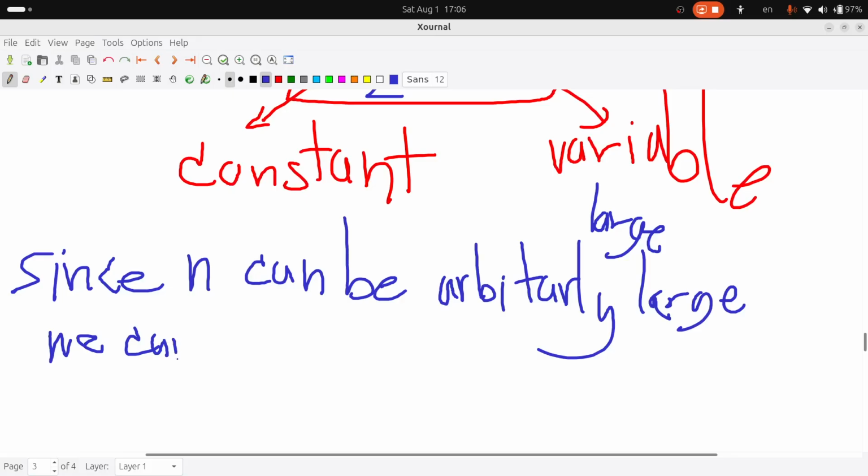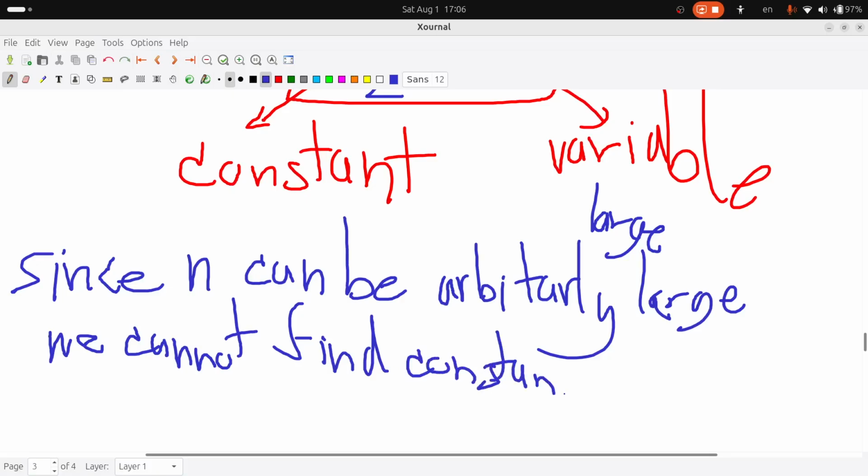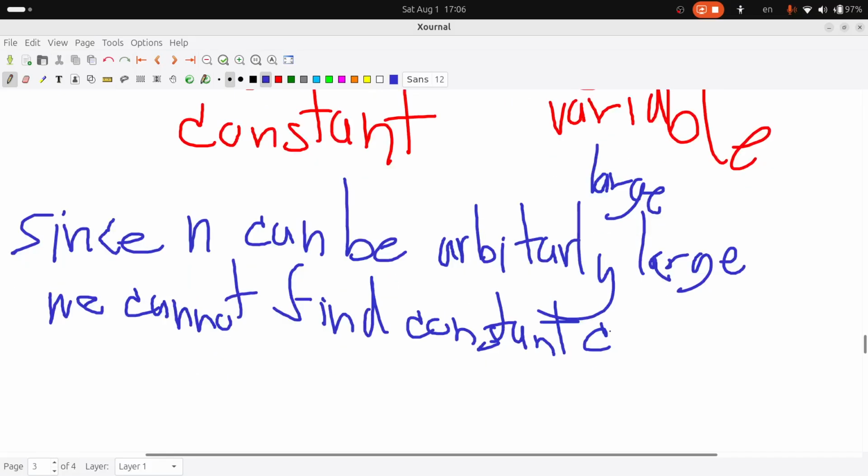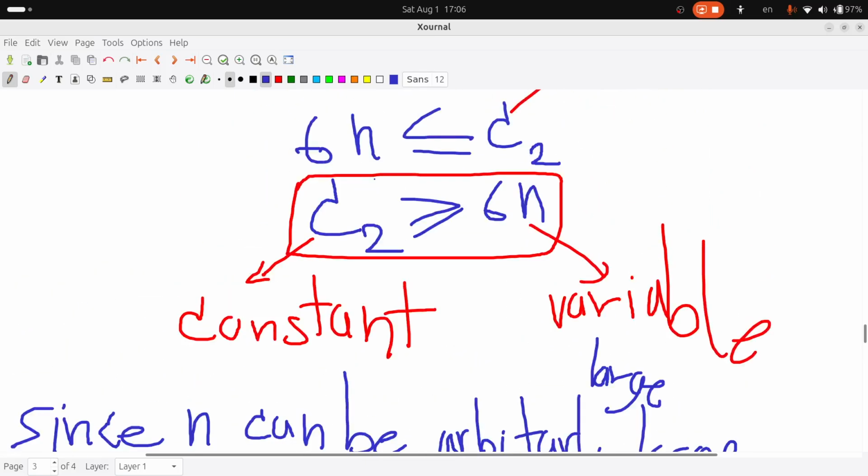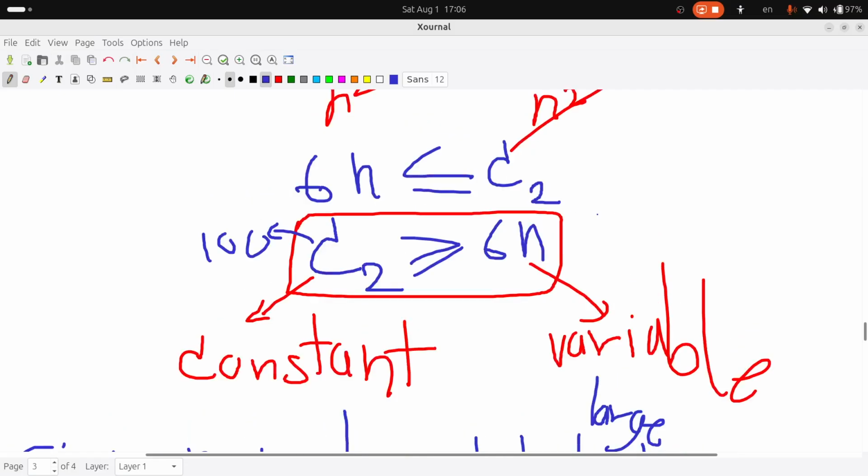We cannot find constant c2, because if I choose some constant c2, like 100, this equation will be true for all n starting from some point, or not.